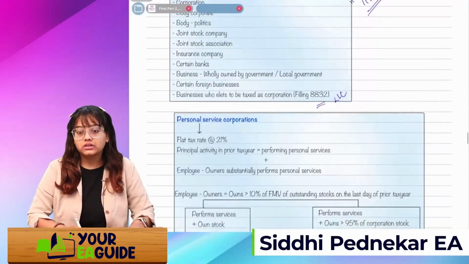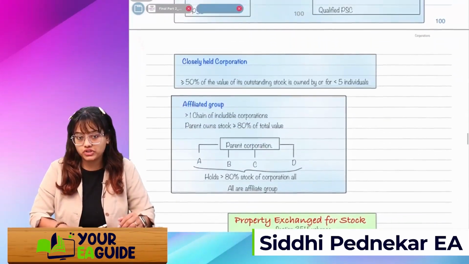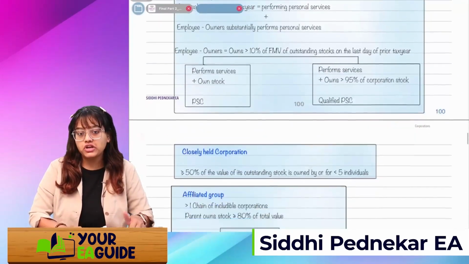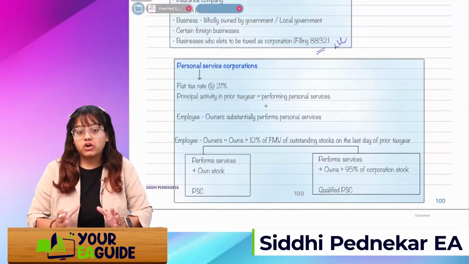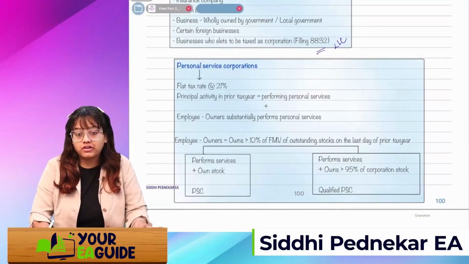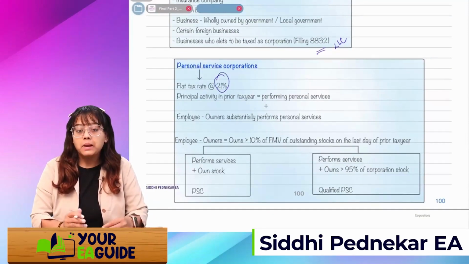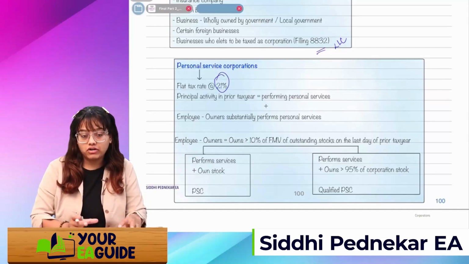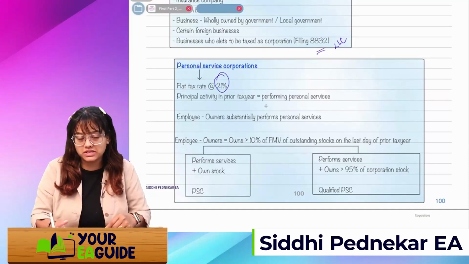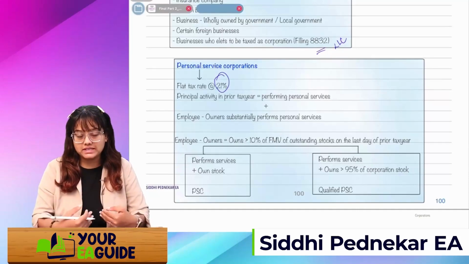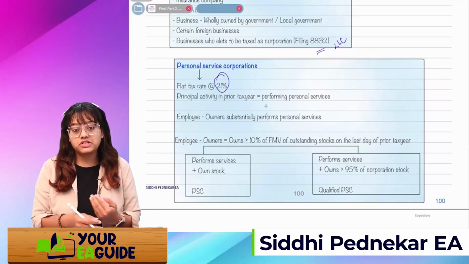Okay. So next is personal service corporation. There are three types of corporation. First is personal service corporation. Personal service corporations are corporations liable for a flat tax rate, that is directly 21%. The principal activity in the prior year of a personal service corporation is performing personal services, plus the employees, the persons who are performing the services, are the owners who substantially perform the services.